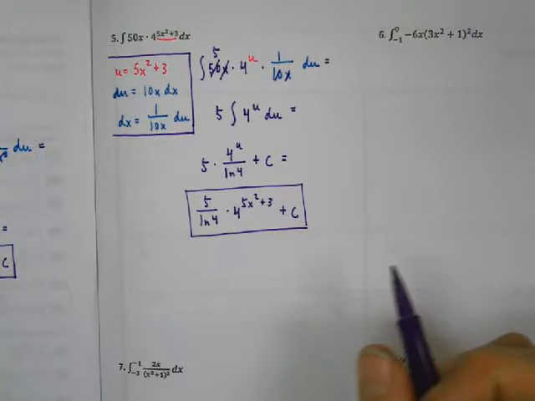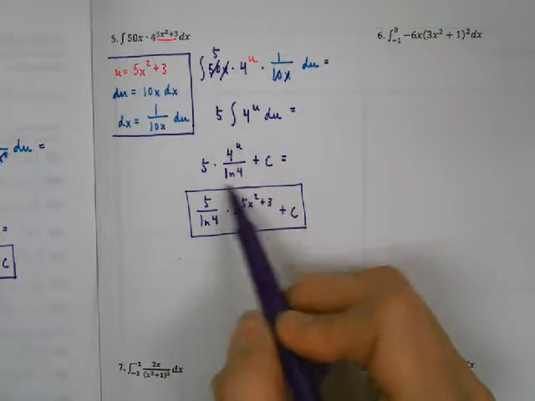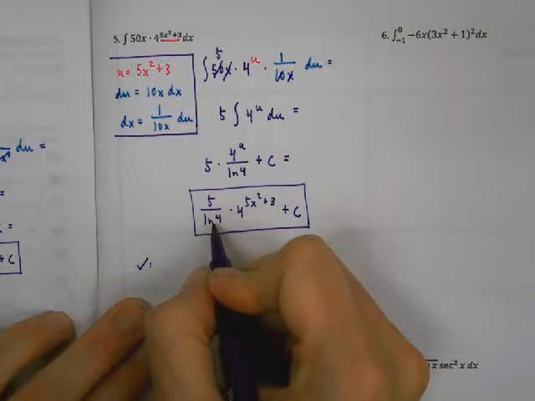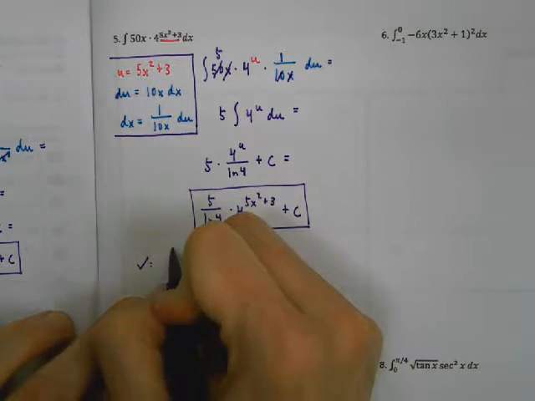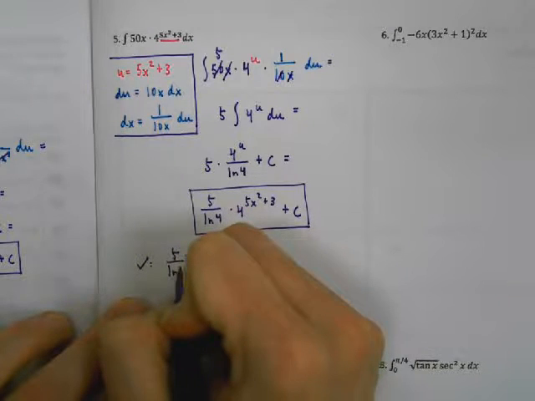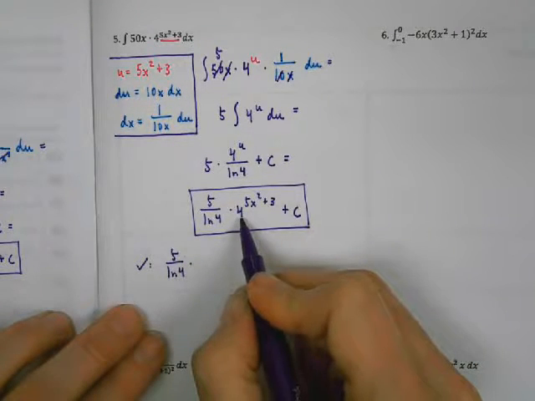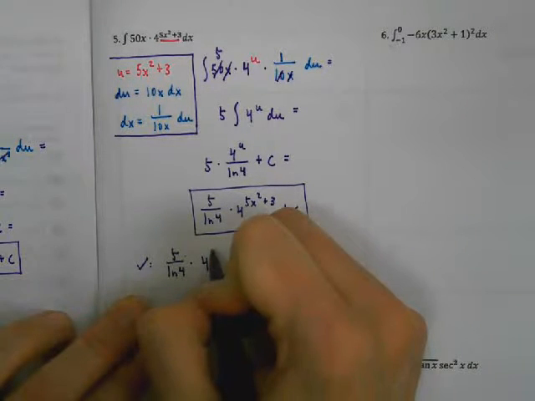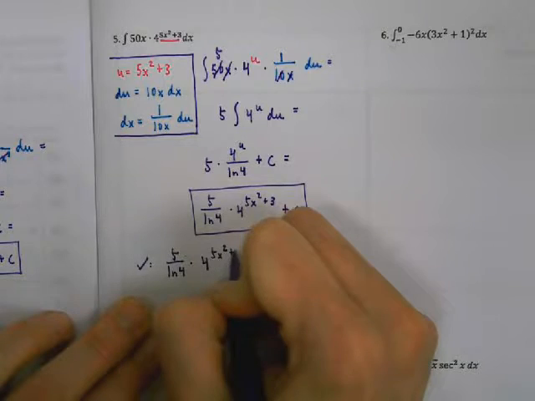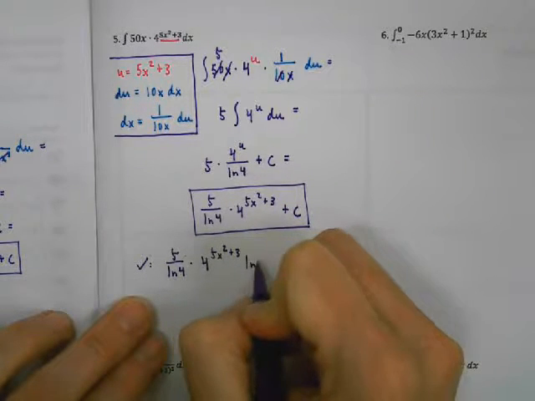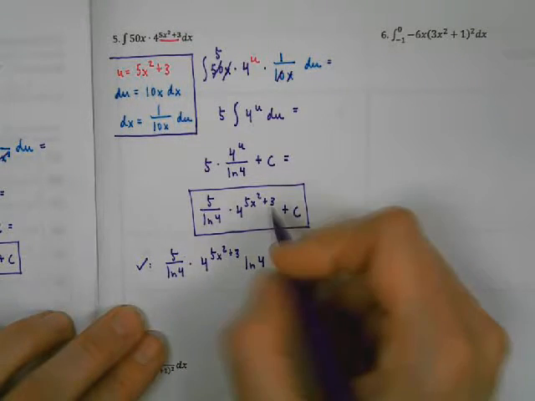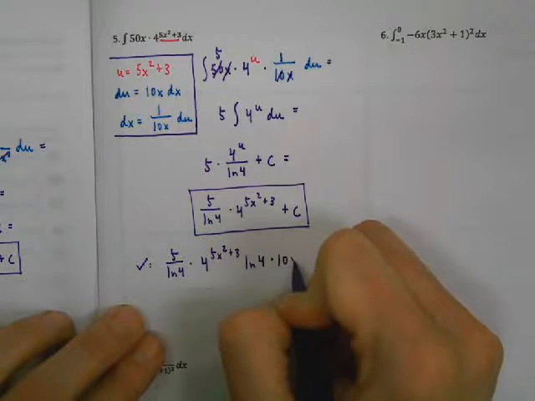Again, I think this one's worth doing a check because I know this part always kind of throws people off. So let's just quickly go through a check. I have a constant times a function, so my derivative is going to be my constant times the derivative. My derivative, remember this is like our a to the x, so I have 4 to the 5x squared plus 3 times the natural log of 4, and then times the derivative of my inside here, which is going to be times 10x.